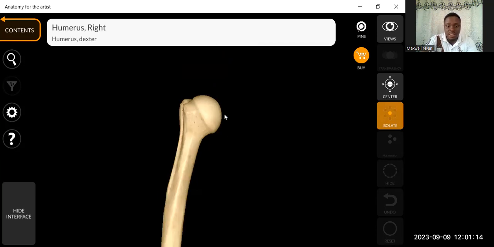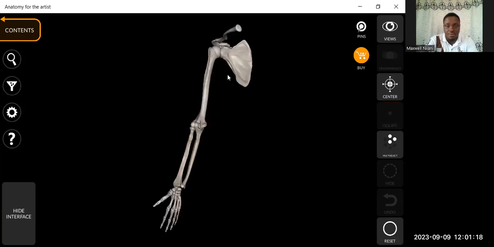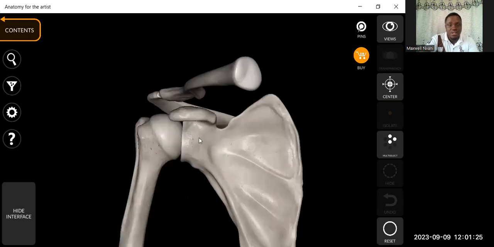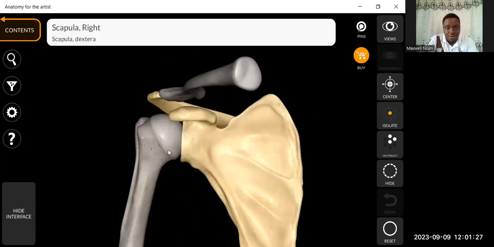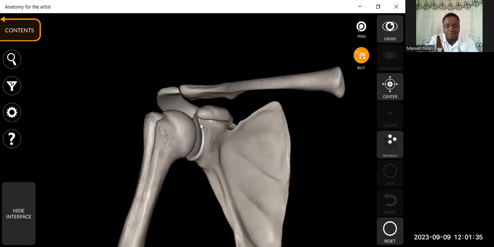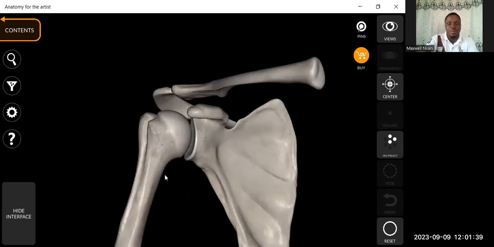So this is the head right here. Let me show you from here so that you can zoom in. So this is your scapula, this is your humerus, and this is the head. This portion here where my cursor is, you can see that it articulates with the glenoid cavity of the scapula, okay?